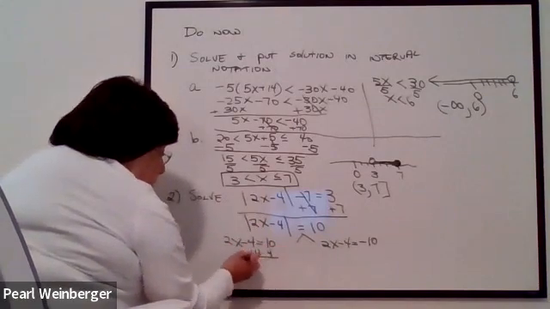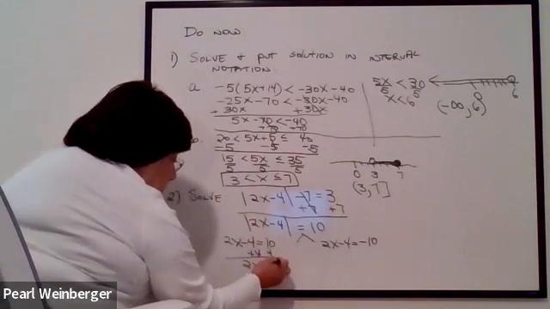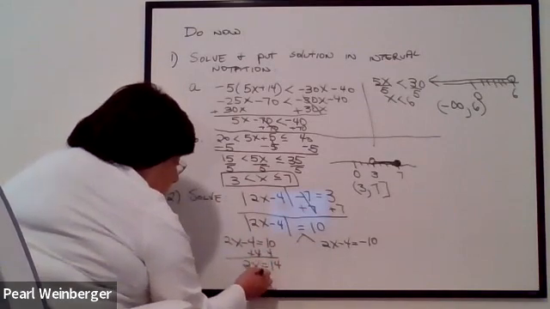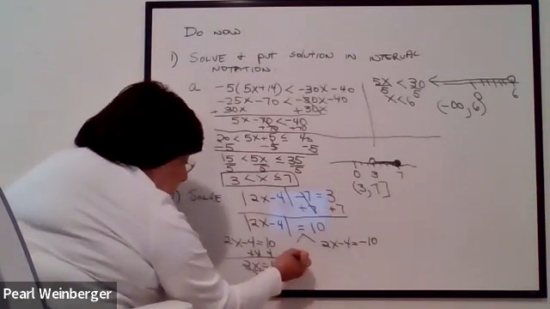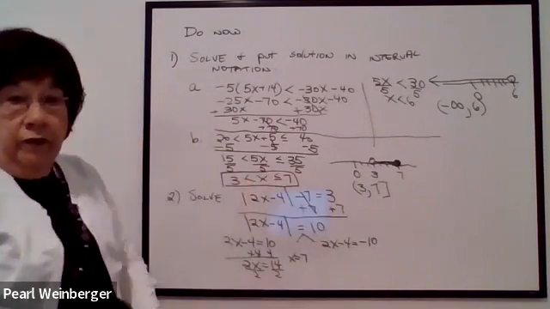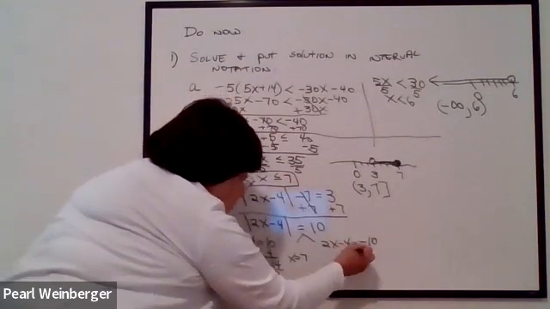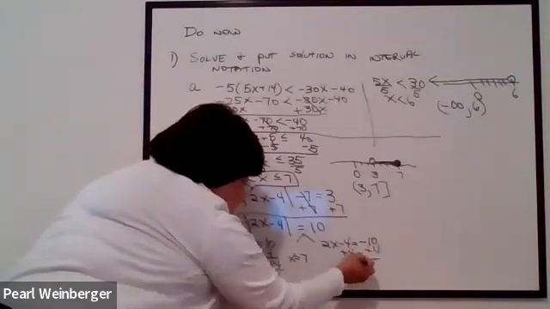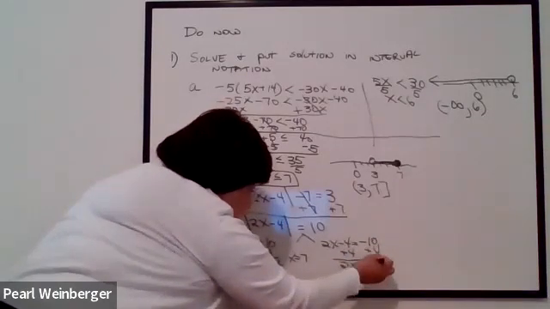I'm going to add 4 to both sides. This will give me 2x equals 14. So this one turns out to be x equal to 7. And this one, when I add 4 to both sides, I get 2x equals negative 6.